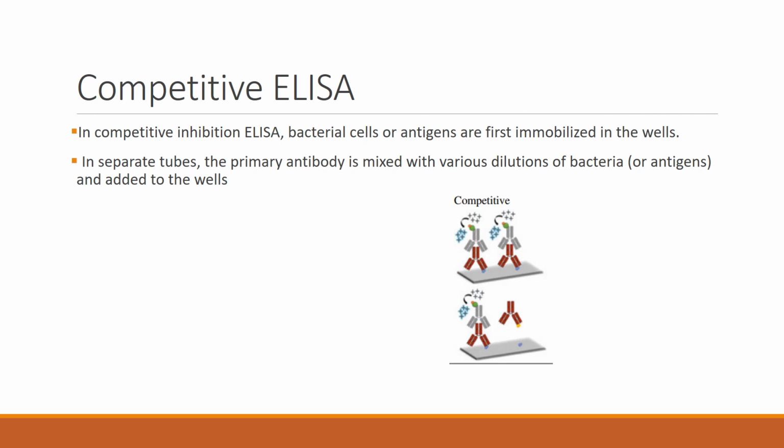Only those antibodies which are not bound with the antigens will attach to the antigen immobilized on the well. Enzyme linked antibodies will be added further after the addition of the primary antibody and bacterial solution, and then the substrate will be added, upon which the color reaction will happen with the enzyme and color will be produced.